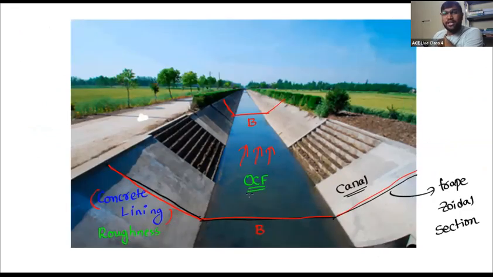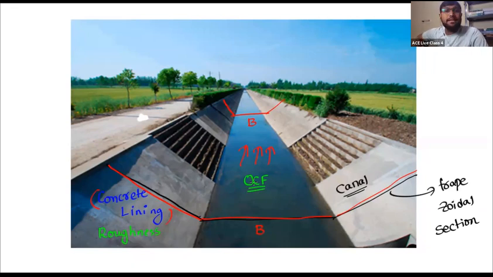But due to seasonal variations, during a rainy season, do you think the flow of water is going to be the same over here? No. In the case of the rainy season, for irrigation purposes, you don't need to supply more water for the crops, do you? No. Why? Because due to rainfall, some amount of water will already be available to the crops. So you don't need to supply more water.